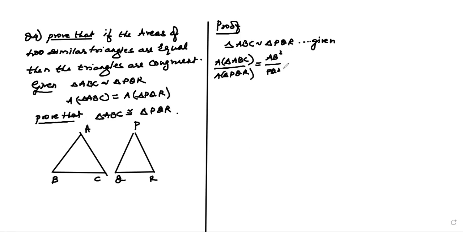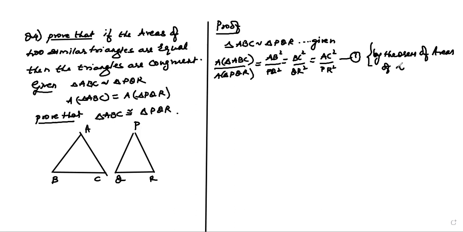AB square upon PQ square equal BC square upon QR square is equal to AC square upon PR square. This is the reason. I call it statement number 1, by the theorem of areas of similar triangles.